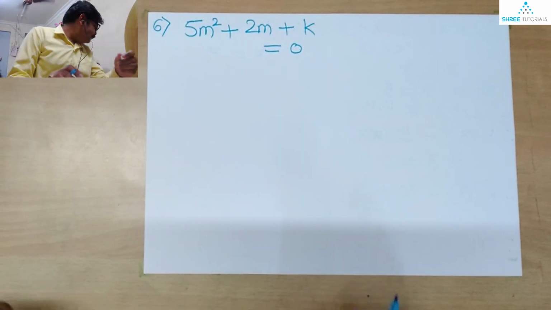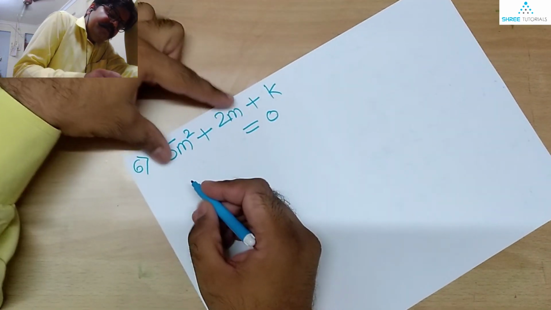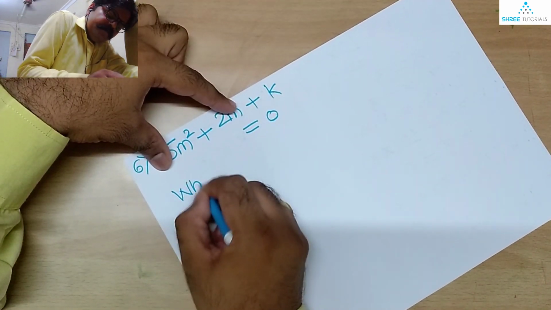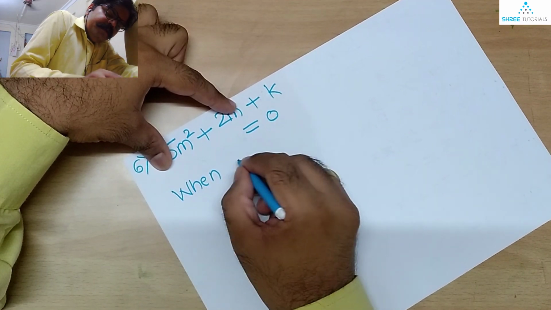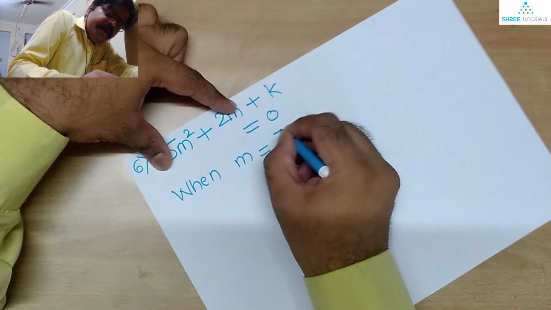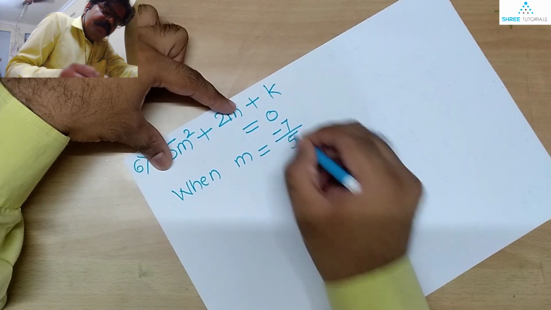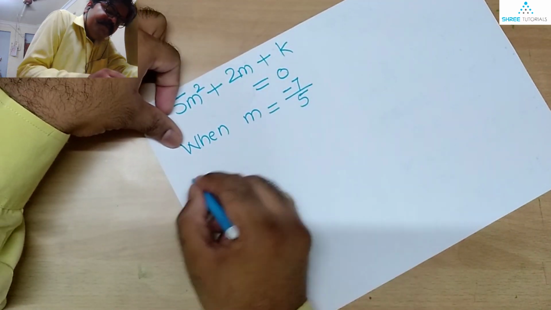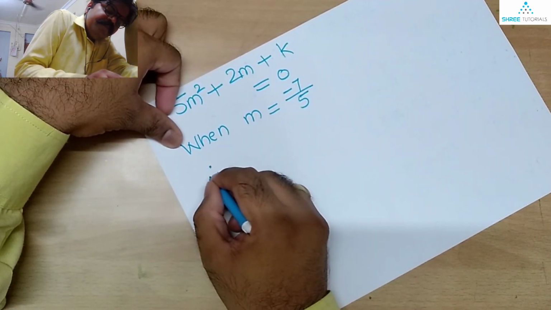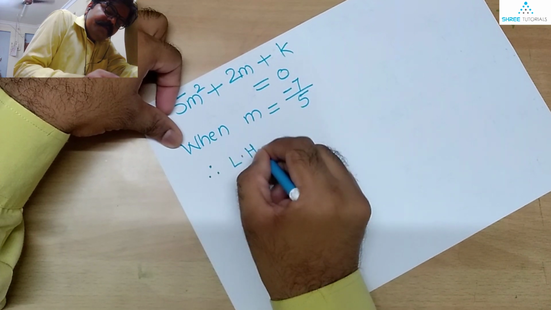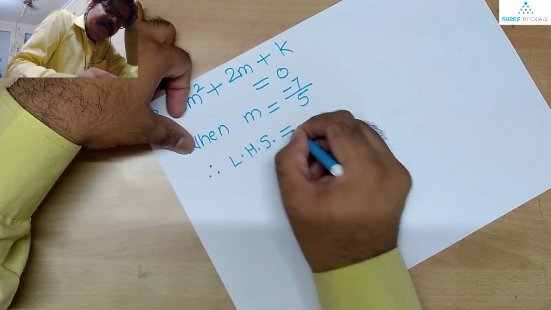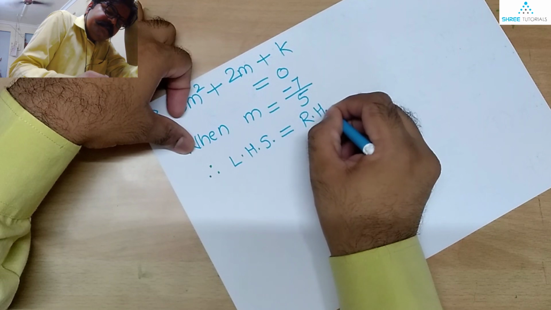M's value is minus 7 upon 5. Therefore, when m is equal to minus 7 upon 5, LHS will be equal to RHS.